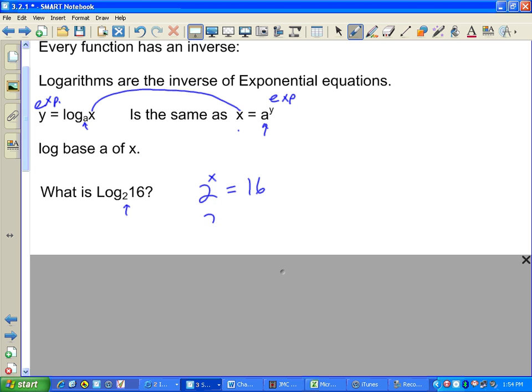So 2 times itself, how many times is going to give me 16? It's 4. So the log base 2 of 16 equals 4, because 2 to the 4 equals 16.